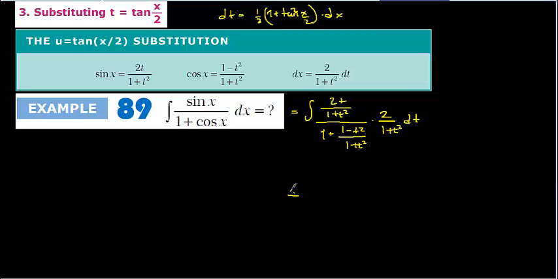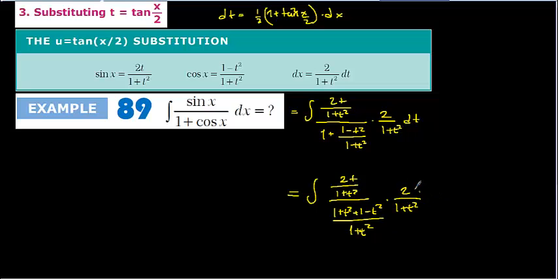Then if we add up here, because this expression 1 plus t squared plus 1 minus t squared, it's going to be equal to 2t over 1 plus t squared all over 1 plus t squared plus 1 minus t squared over 1 plus t squared, times 2 over 1 plus t squared.